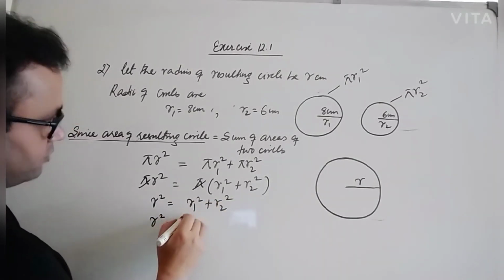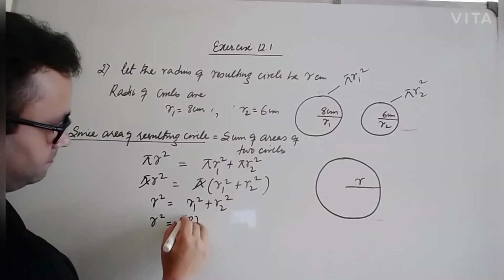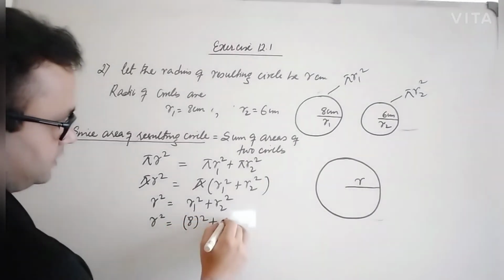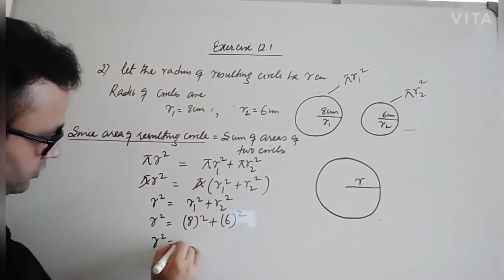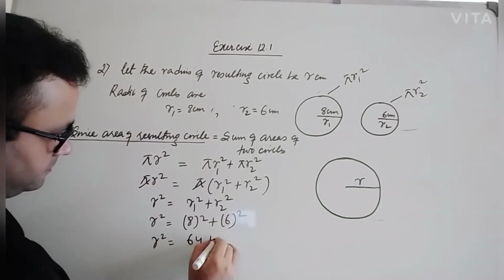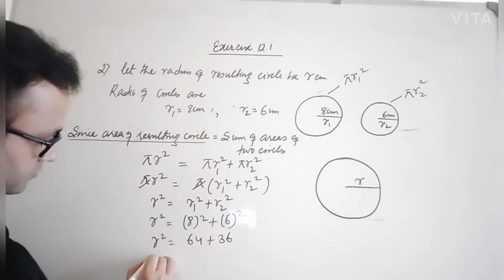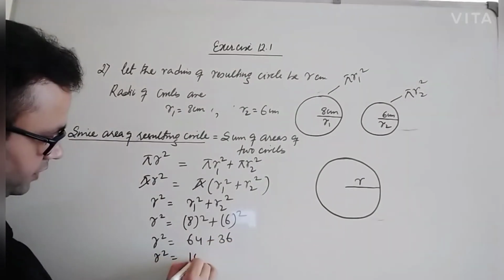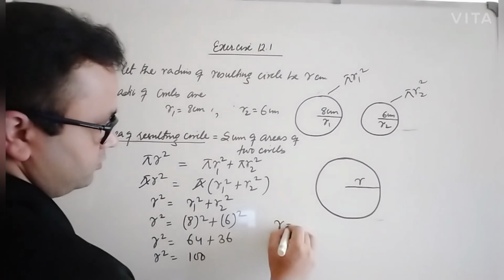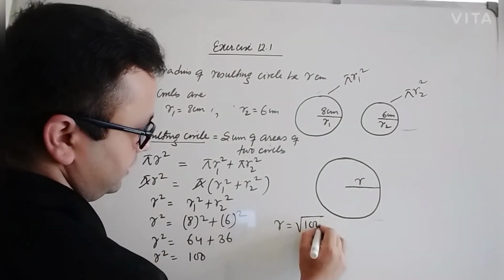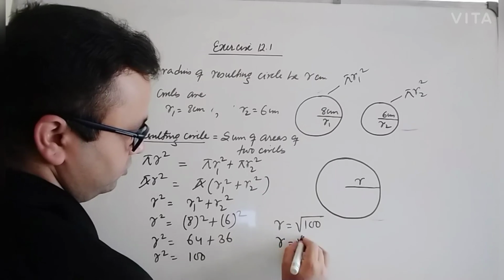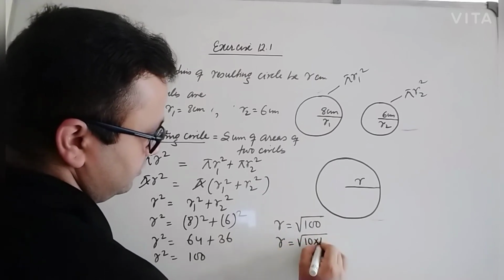r square equals 8 square plus 6 square. So r square equals 64 plus 36, so r square equals 100. r equals root under 100, which is root of 10 into 10.